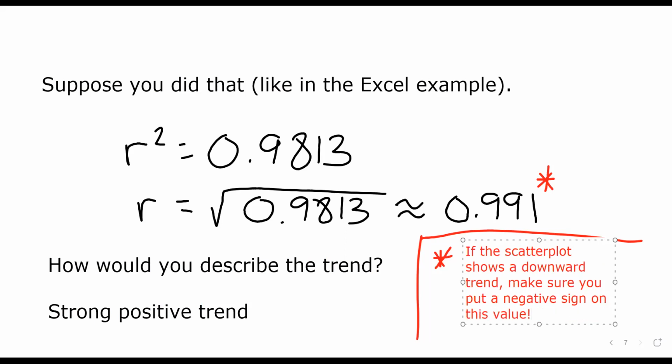Because again, from a numerical perspective, when you square root a number, it will always come out positive. It has to do with defining square root as a function, but we'll spare the algebra discussion. However, if you need the answer to be negative, then you have to manually insert the negative on the value, and the evidence that it should be negative is that your scatter plot displays a downward trend. All right, so any questions about describing the trend or what I'm saying in the red there? Okay.